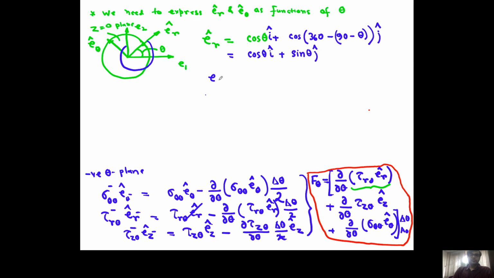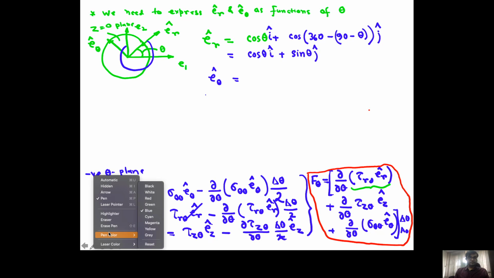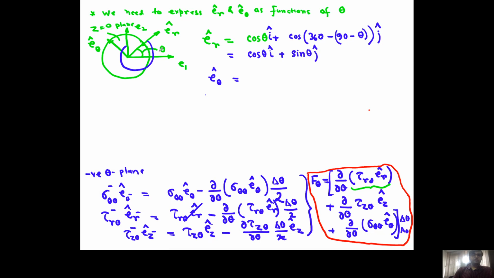Let us see what our E theta is. E theta is this one, right? So let me change the color once again. So this is E theta. And with E theta, the first thing will be the angle between these two, which is 90 plus theta.